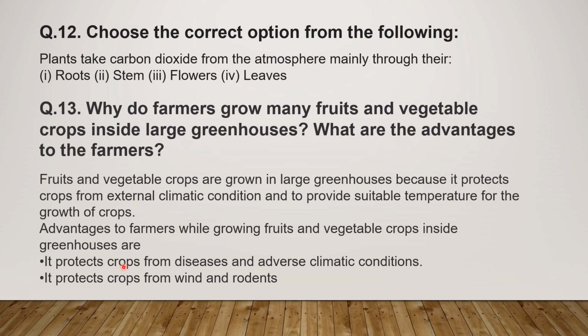Another thing is that it protects crops from wind and rodents. Rodents are the animals under the rat family. Some rats are called rodents. Such creatures destroy fruits and vegetable crops, so we can protect them from rodents also.